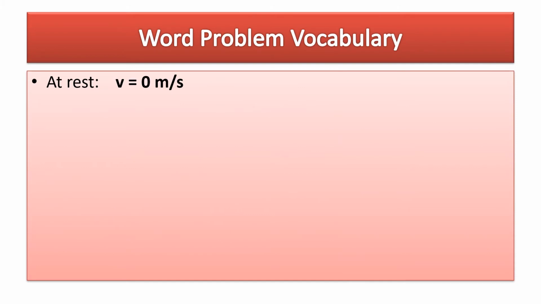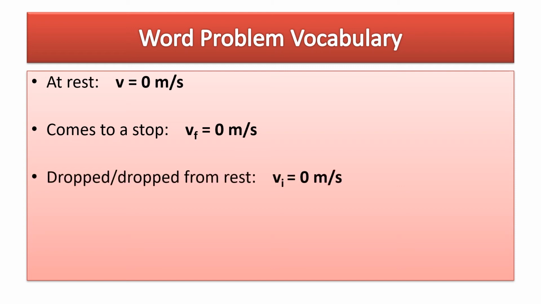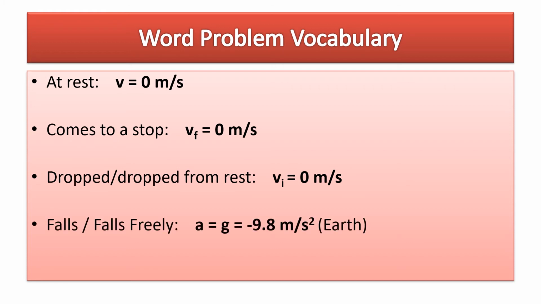So we can add some word problem vocabulary. We already know at rest means we can plug in 0 for the velocity. If it comes to a stop, the final velocity is 0 meters per second. If it's dropped from rest, that means the initial velocity is 0 and the acceleration is negative 9.8 meters per second squared.